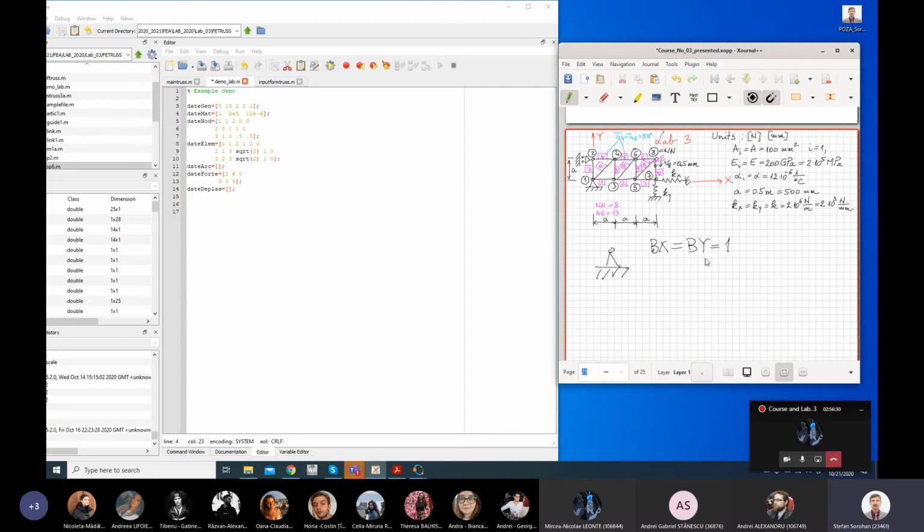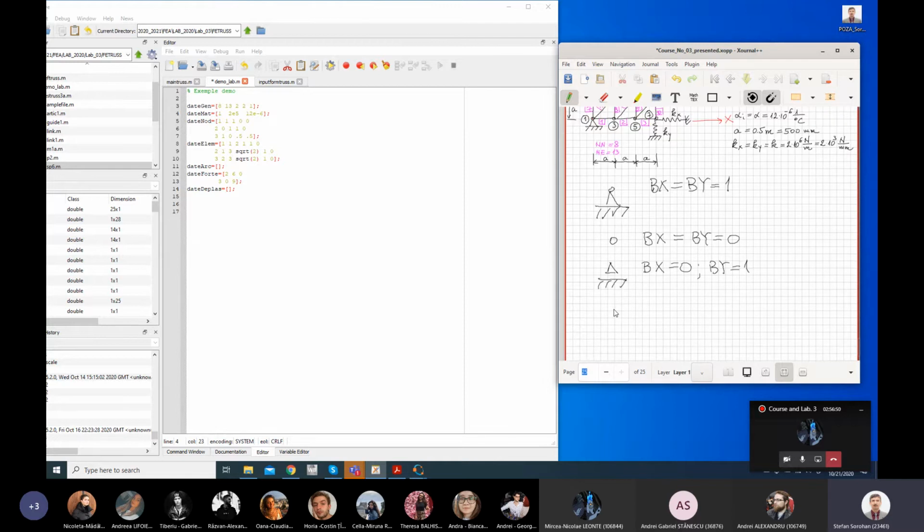Please keep in mind this: a free node means bx is equal with by, and it is 0. A simply supported node means bx is 0 and by is 1, blocked along the y direction. And if you have something like that, bx is 1 and by is 0. I suppose that till now it's clear.